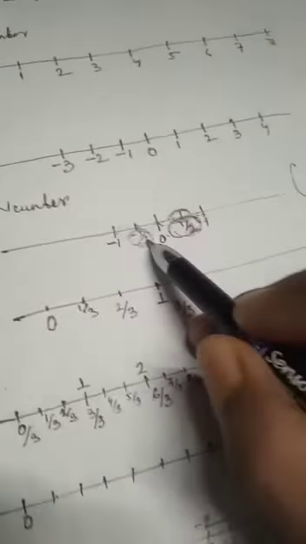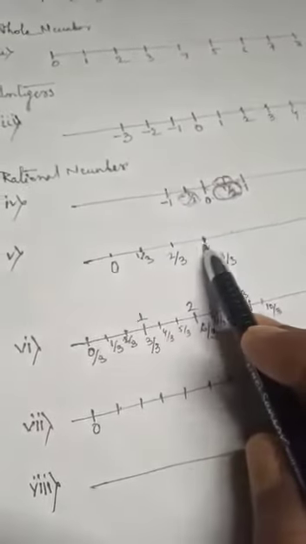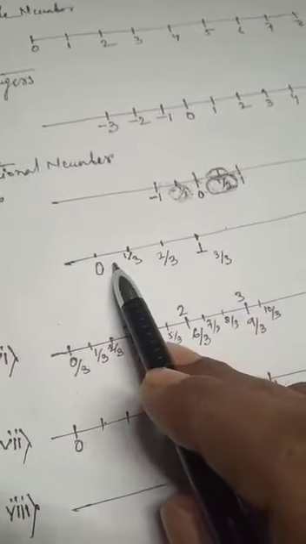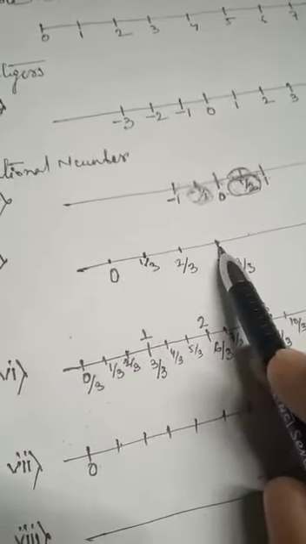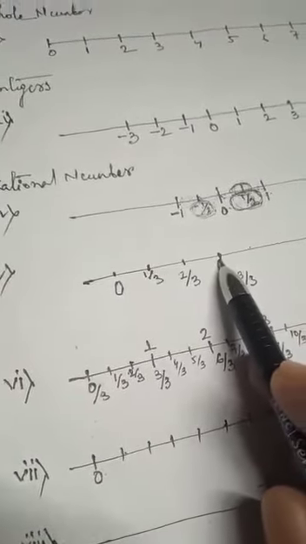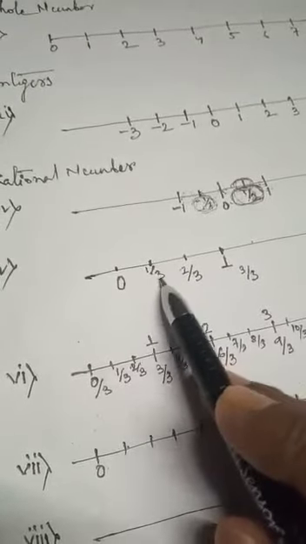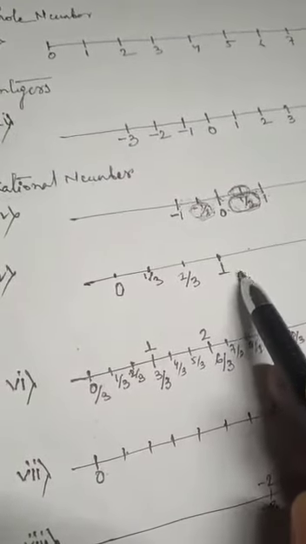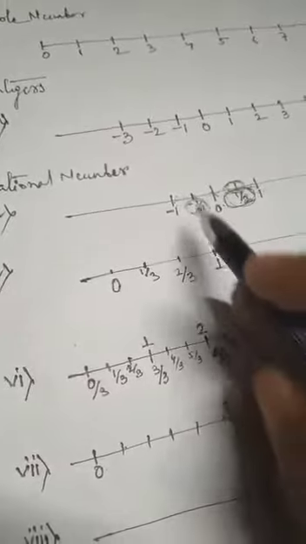Similarly, from 0 to 1, if we take 3 equal parts, then the first part we can write as 1 by 3, the second part as 2 by 3, and the third part as 3 by 3, that means 1.